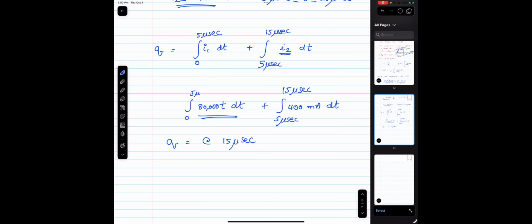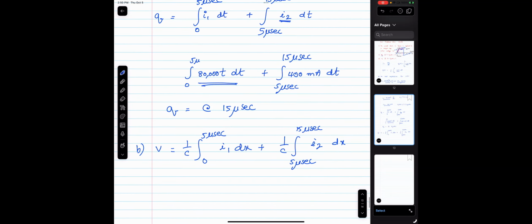Now, when you're calculating the voltage, that's part B, voltage is nothing but 1 over C times the integral from 0 to 5 microseconds of I1 dx plus 1 over C times the integral from 5 microseconds to 15 microseconds of I2 dx.